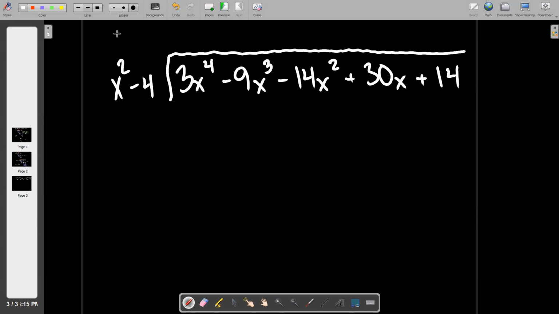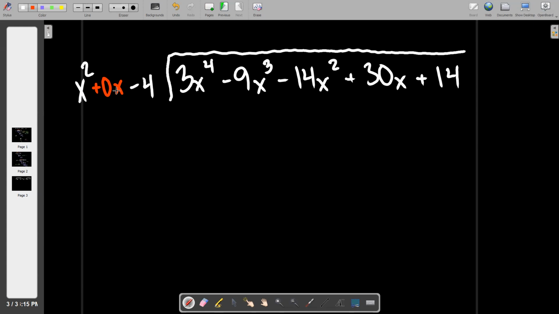So where it says x squared minus 4, this is what I'm going to do. I'm going to take this x squared and I'm going to move it over here to the left, and I'm going to put in a missing term of plus 0x. Oh, like that. I didn't think you would like that, but you're going to like it a lot less if you leave it out. So get it in there.